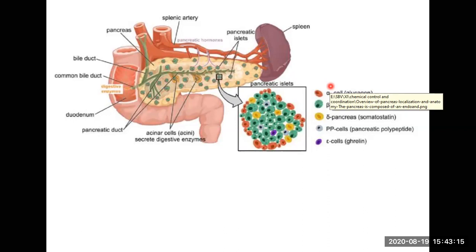So glucose increases due to this hormone. That's why this hormone is also called a hyperglycemic hormone, because it increases the blood sugar level by inducing the hepatocytes to convert glycogen into glucose.